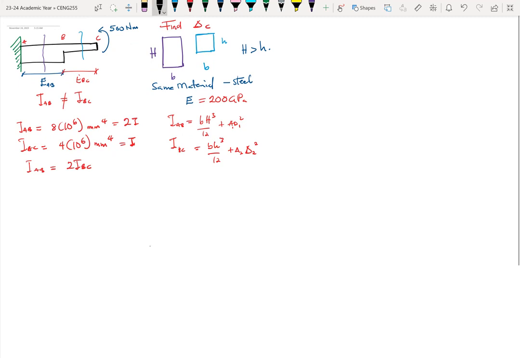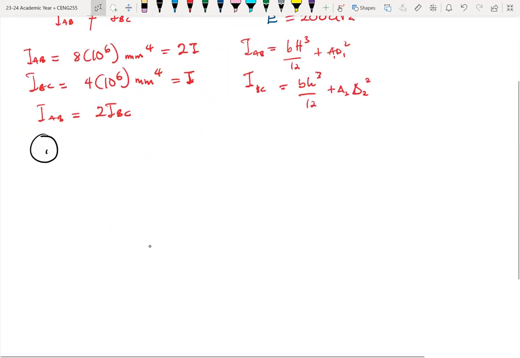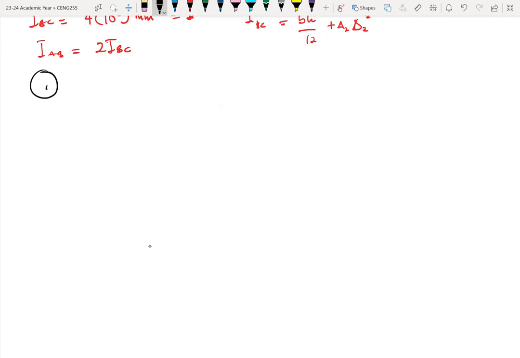So step one, you try and draw your elastic curve. The elastic curve would have to follow the direction of the deflection. With this particular beam, it's bending upwards. Let me put here elastic curve.